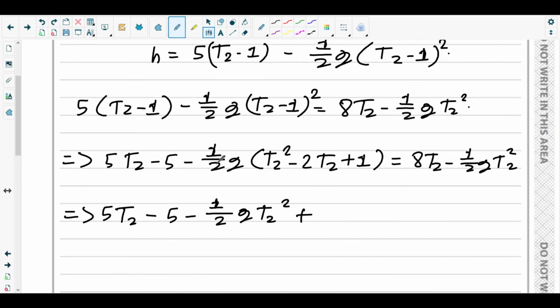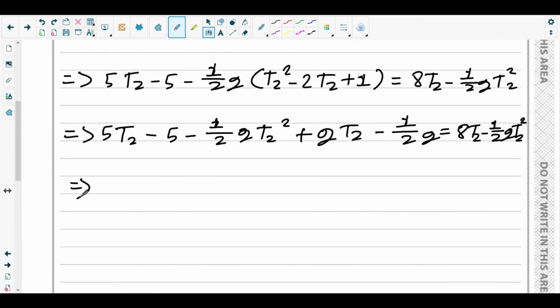Then negative half times negative 2 is plus gT2, minus half of g. On the left and right, the negative half of gT2 squared cancels out. So you will get 5T2 minus 5 plus g times T2 minus half of g equals 8 times T2.